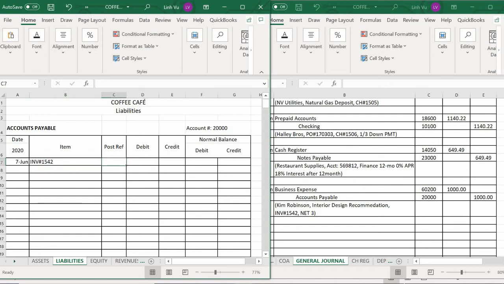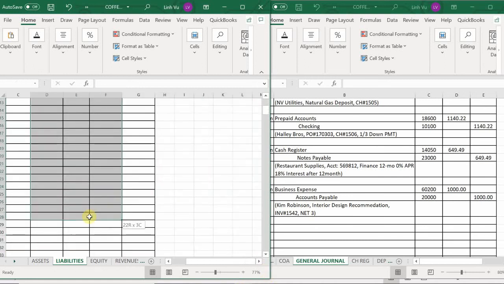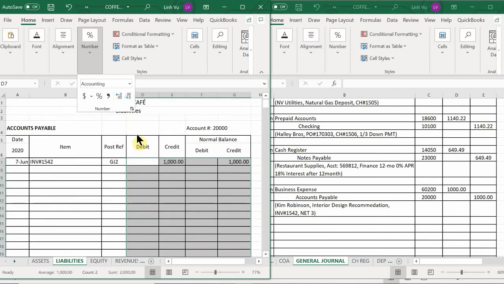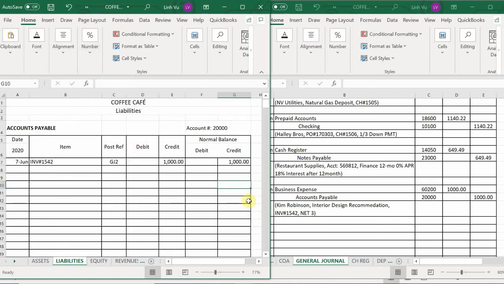Post reference, second journal, but this time it's a credit for $1,000. So there we go. Our first accounts payable account is for the total amount of $1,000.